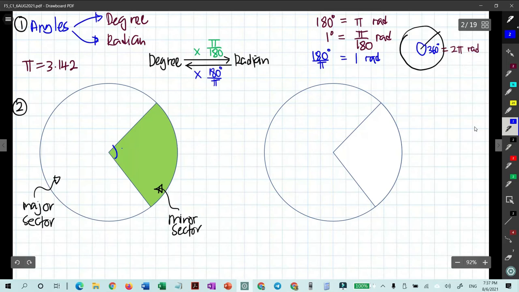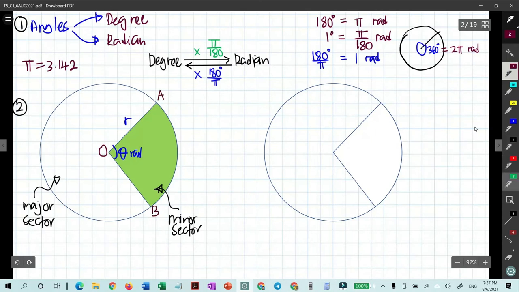Let's say the angle at the center for the minor sector is given by theta radian, and the radius of this circle is r. And let me label this sector as OAB.